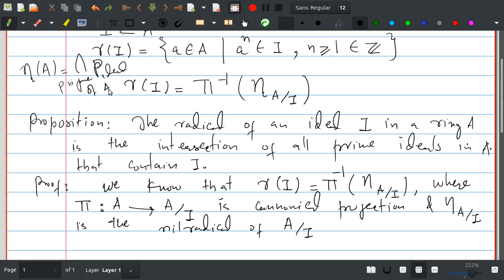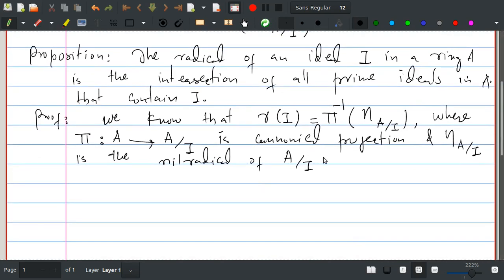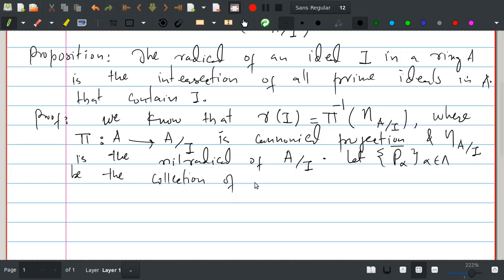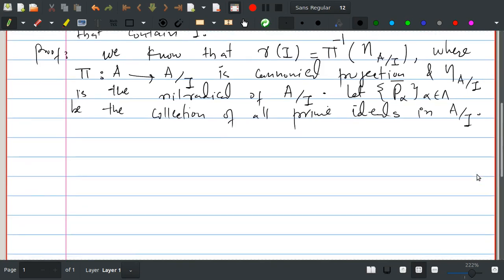So we are going to use this result on this ring A mod I. So let P alpha bar, where this alpha is in lambda, be the collection of all prime ideals in A mod I.